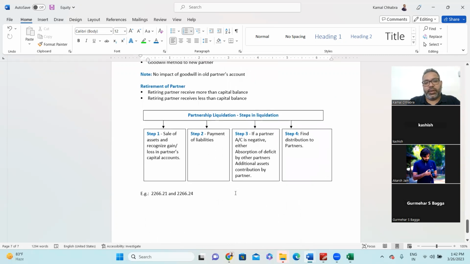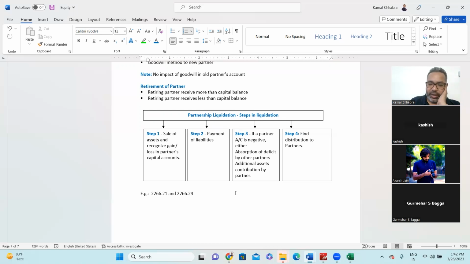Retirement of partner: retiring partner receives more than the capital balance, or retiring partner receives less than the capital balance. So that we need to understand. And last one is partnership liquidation. So there are 4 steps for the liquidation. First one is sale of assets and recognizing gain and loss in the partner capital account.